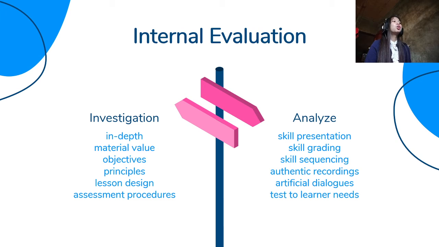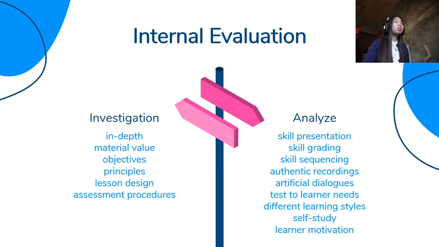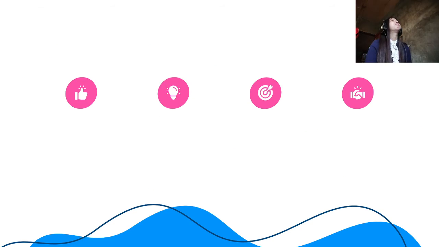It should also test the learner needs with different learning styles. So there are actually a lot to consider when making an instructional material. Okay, and does it support self-study or independent learning? So that falls under internal evaluation. And does it motivate the learner? So all of those fall under internal evaluation.